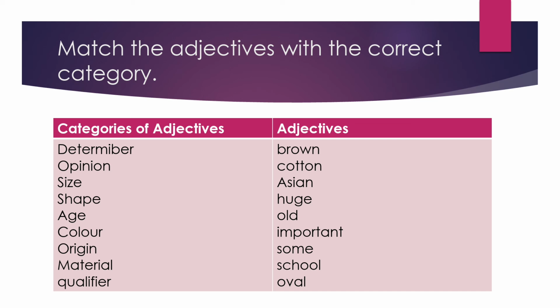Cotton. Yes, material. Asian. Origin. Huge. Size. Old. Age. Important. That's an opinion or the observation. Some. It's a determiner. School. It's a qualifier. Oval. It's a shape. Correct.